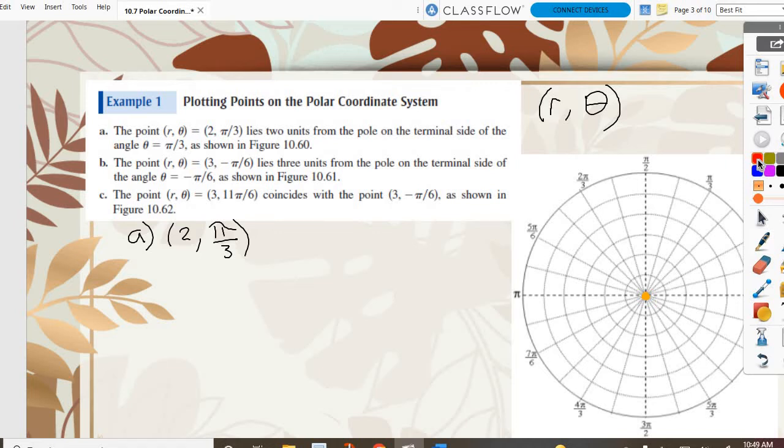And then pi over 3 is the angle that we need to go. Remember, we are moving counterclockwise. So what quadrant are we going to be in? The first quadrant. Remember, we have pi over 6, pi over 4, and then pi over 3. So this would be point A.